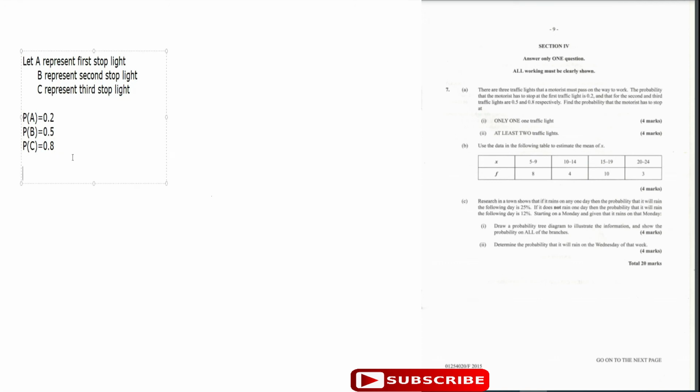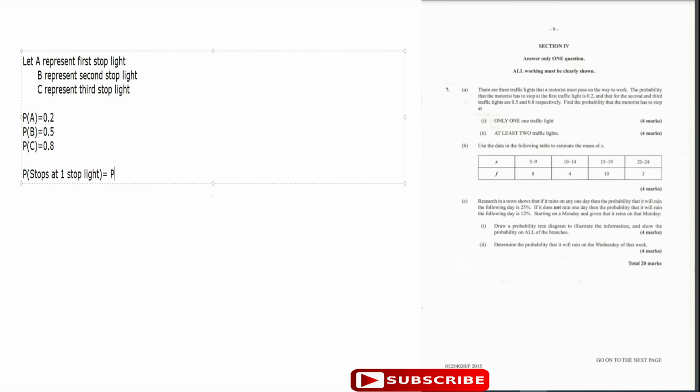So the probability that he stops at only one stoplight is going to be equal to, there are many ways to find it, but this is the approach we're going to take.